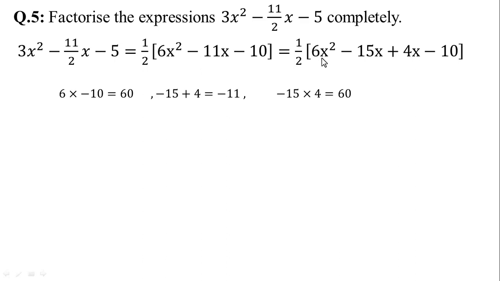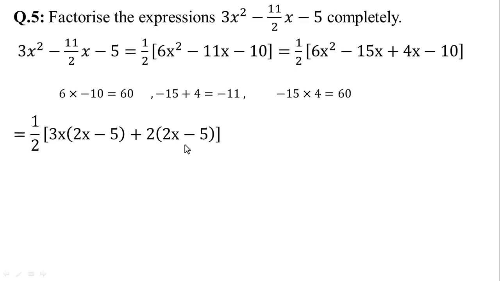So 1 upon 2 into 6x square minus 15x plus 4x minus 10. First two terms are divisible by 3x, so taking the common, we have 1 upon 2 into 3x into 2x minus 5. And next two terms are also divisible by 2, so 2 is common, then 2 into 2x minus 5.